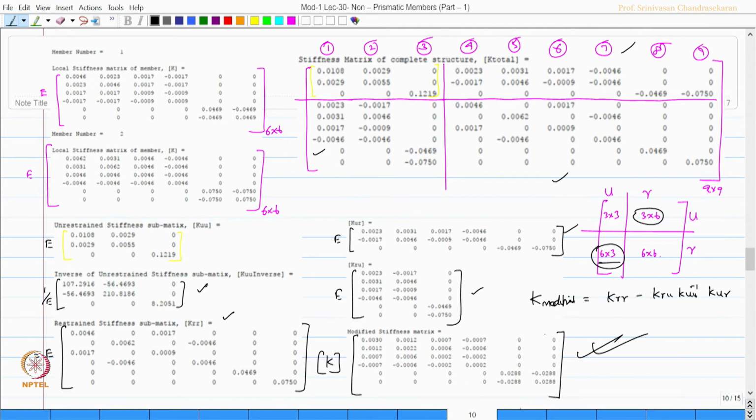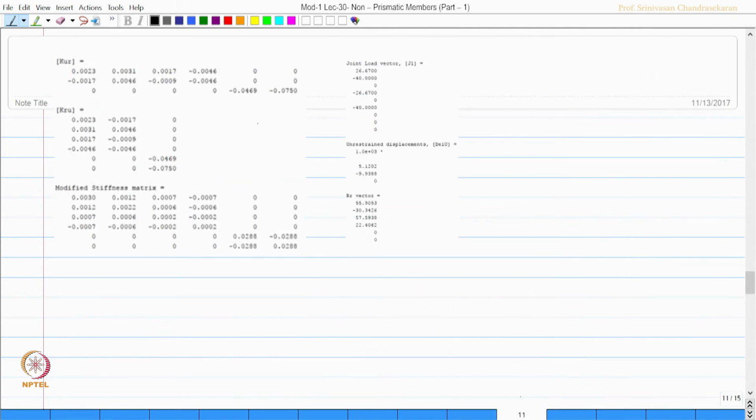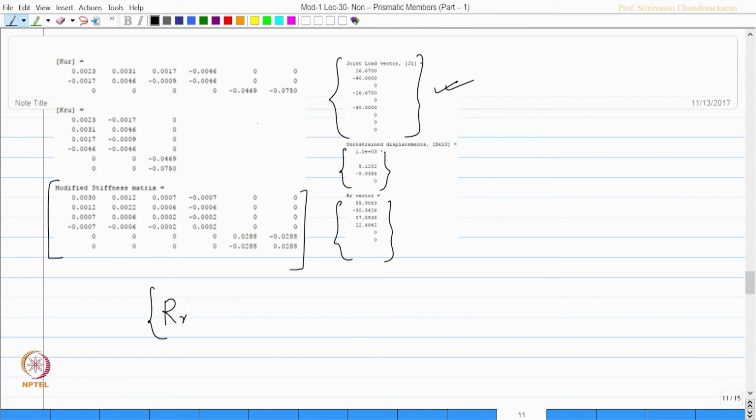So, I got the modified stiffness matrix obtained here, then the joint load vector is taken out, which we already have. We have already found the unrestrained displacements. Then the RR vector is actually given by KRU, KUU inverse multiplied by JLU.